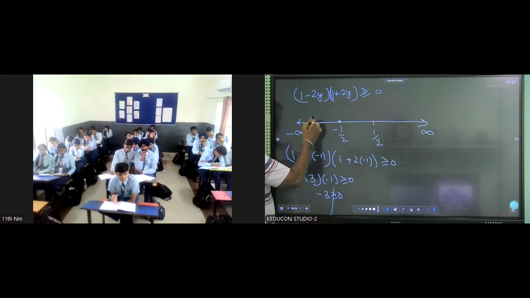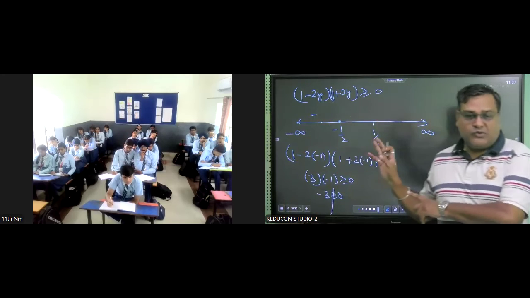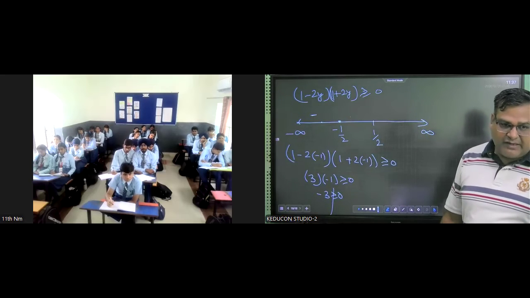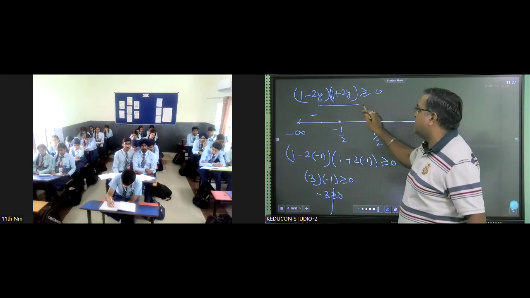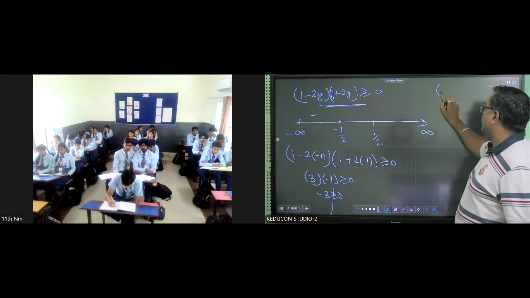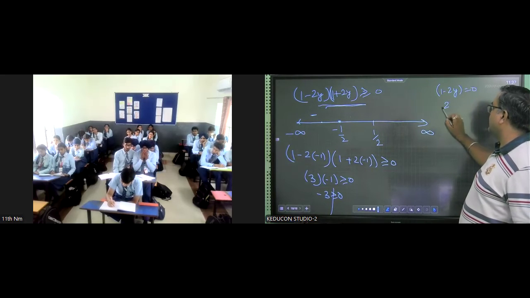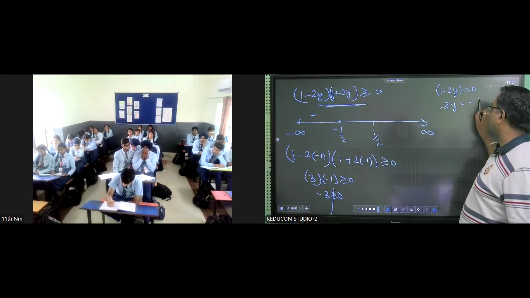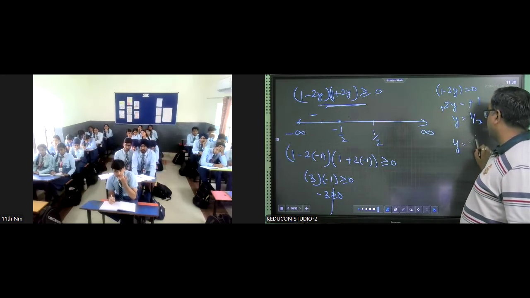तो यहाँ पे क्या आ रहा है? नेगेटिव आ रहा है साइन. चेक इन दिस इंटरवल. बच्चे ये स्टेप सबको समझ आ रहा है? हाउ टू फाइंड द सॉल्यूशन ऑफ एन इनइक्वालिटी. फर्स्ट ऑफ ऑल आपने यहाँ से y की वैल्यू फाइंड आउट कर दी है. y की कितनी वैल्यू आ गई? कैसे फाइंड आउट की? 1 minus 2y इक्वल टू 0. तो यहाँ से आ गया minus 2y इक्वल टू -1 और y इक्वल टू 1 by 2. सिमिलरली दूसरी वैल्यू आ गई y इक्वल टू -1 by 2.